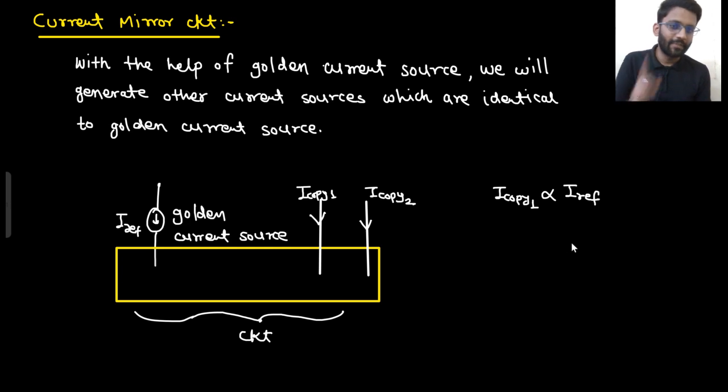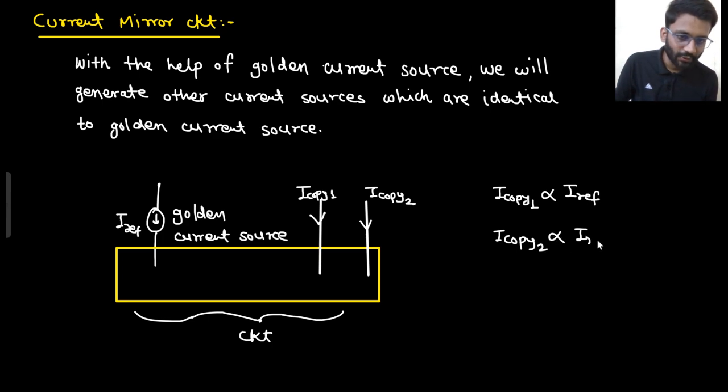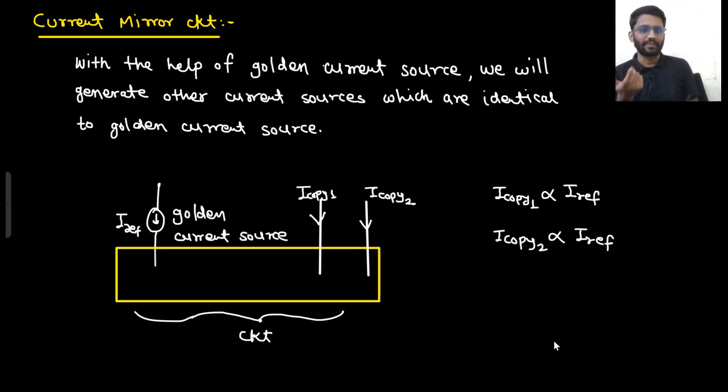So if I ref is temperature independent, if I ref doesn't change with respect to temperature variation or supply variation, then this I copy will also not change. This I copy 2 will also not change because this is also proportional to IREF. So for that we need to use current mirror circuit, but we directly will not use current mirror circuit.